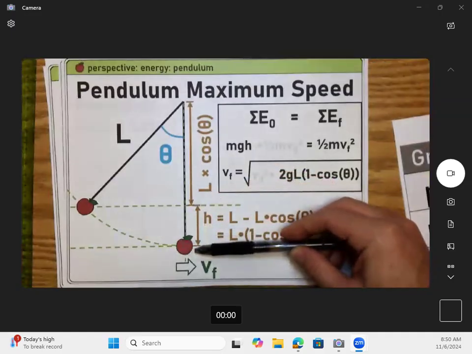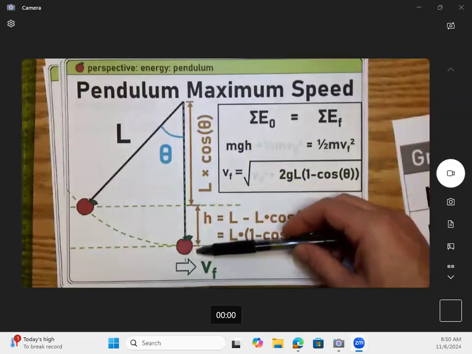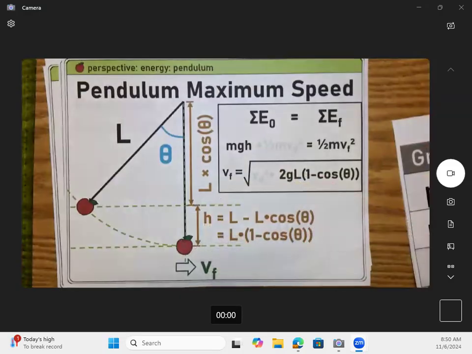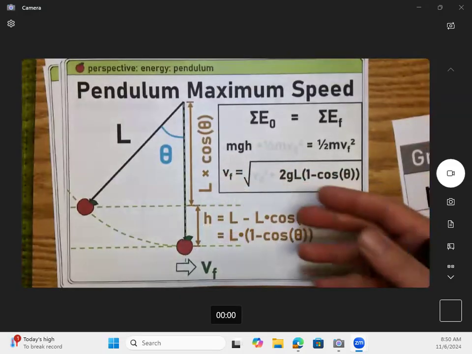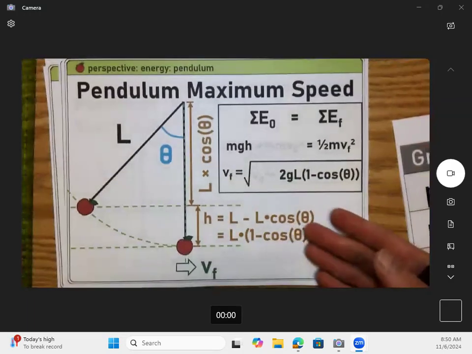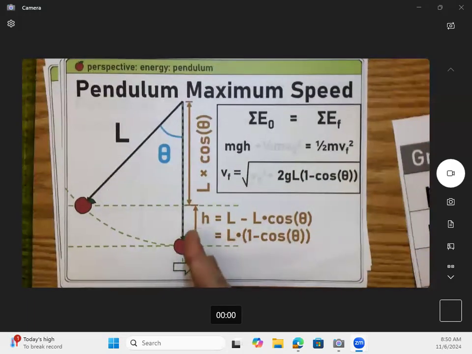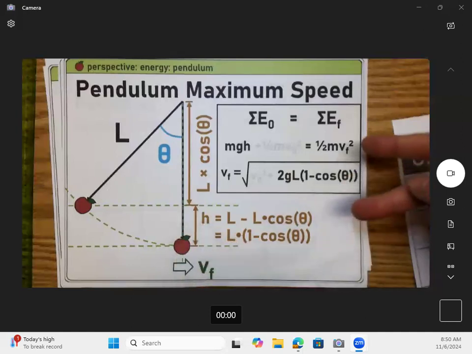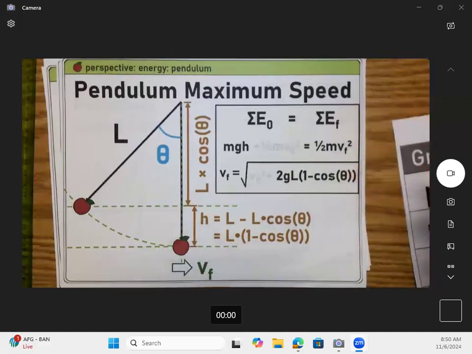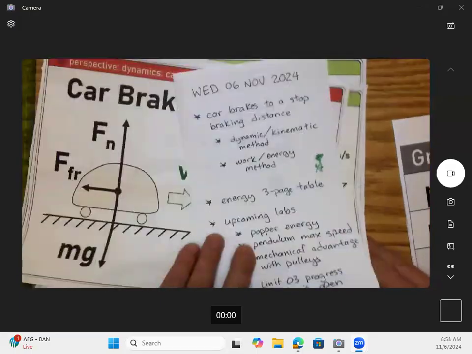You remember Paul Hewitt yesterday with the bowling ball? He didn't get his teeth smashed in? Yeah, right. About conservation of energy. So I'll have you bring up some pendulums. You can use the speed gates to see empirically what the speed at the bottom is. You're going to compare that to what you get if you use this conservation of energy method on paper. What should it be? I remember last year when I did this, the numbers matched, and let's see if it does for you too.